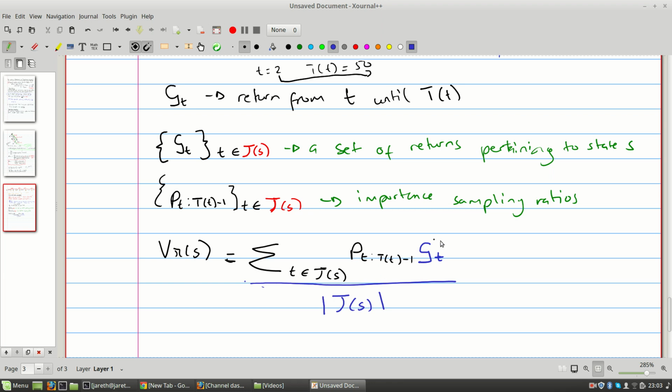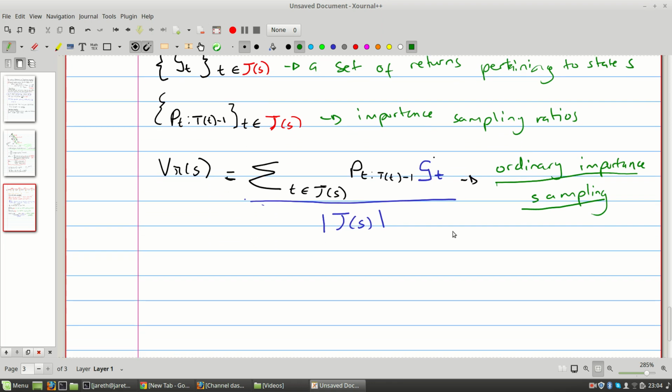So we look at the returns starting from a particular state, we multiply them by the importance sampling ratio, we sum up those things and we divide them by the cardinality of tau of s. And this is called ordinary importance sampling. So this is known as ordinary importance sampling.